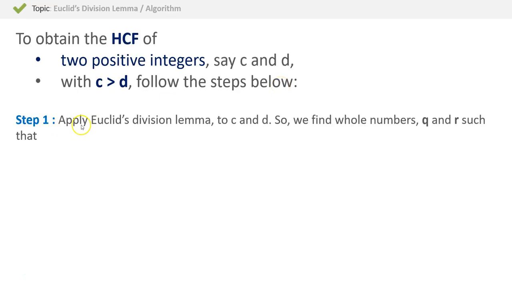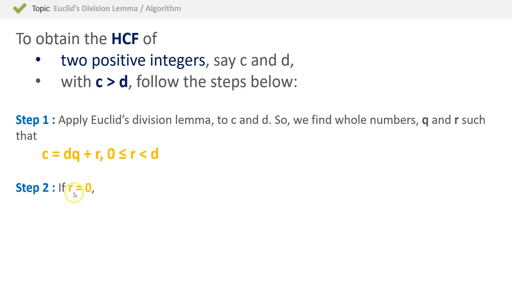Step 1: Apply Euclid's division algorithm or lemma to C and D so that we can find whole numbers Q and R such that C can be represented as divisor D multiplied by quotient Q plus remainder R, where R can be 0 or greater than 0, but it is always less than D.